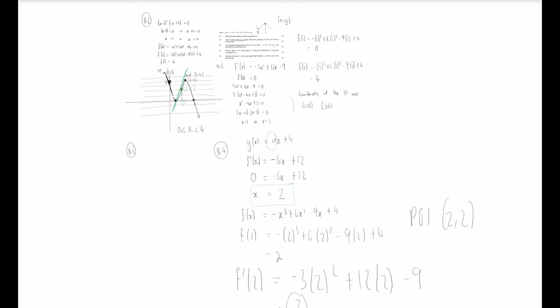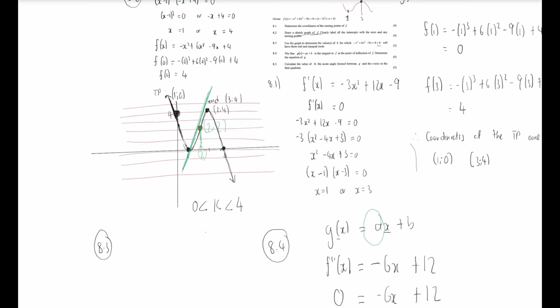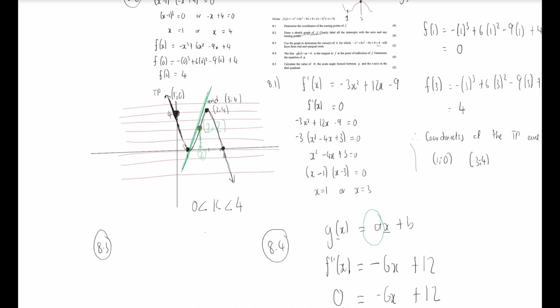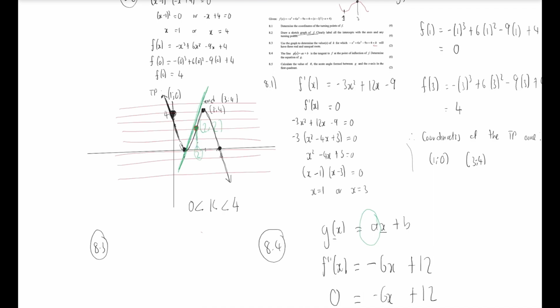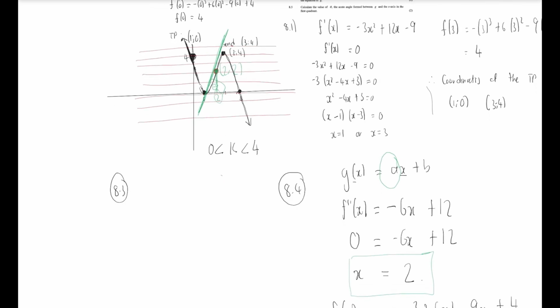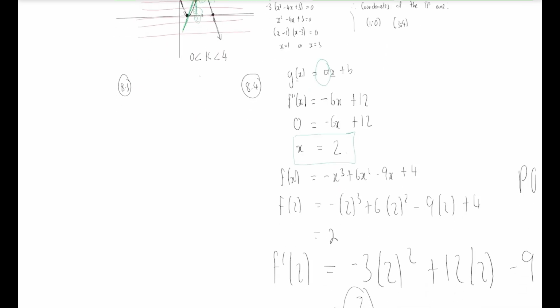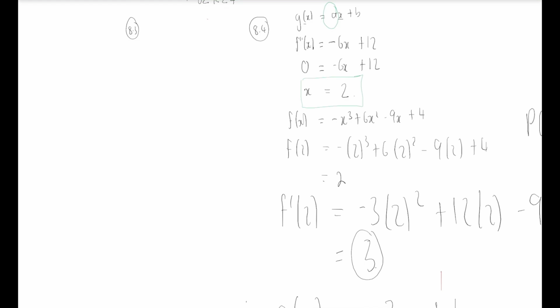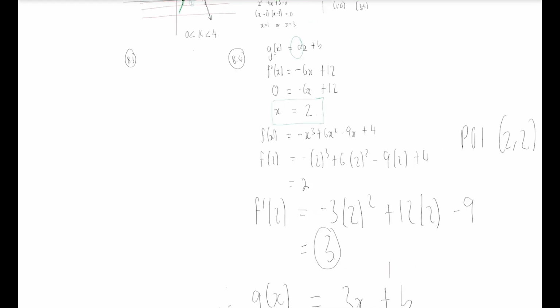And then we go to 8.5, where they say calculate the value of theta, the acute angle formed between g and the x-axis in the first quadrant. That's theta over there, which is basically the angle of inclination. From analytical geometry, you know that the tan of the angle of inclination equals the gradient of our graph.